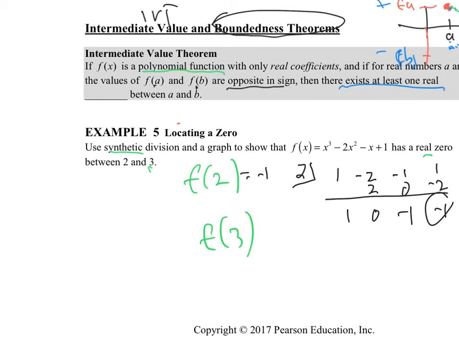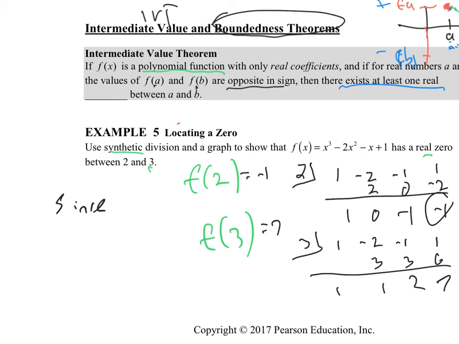Let's try the 3. 1, -2, -1, and 1. 1, 3, 1, 3, 2, 6, 7. That's a 7. So my 0, how can I write that to tell you?